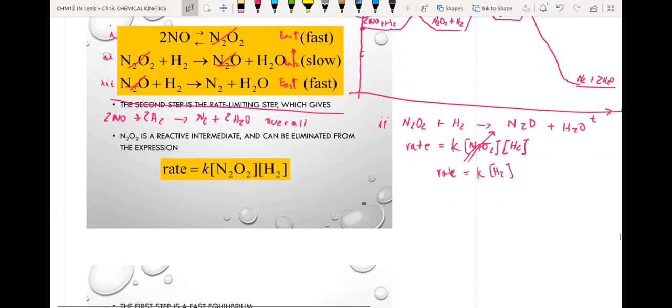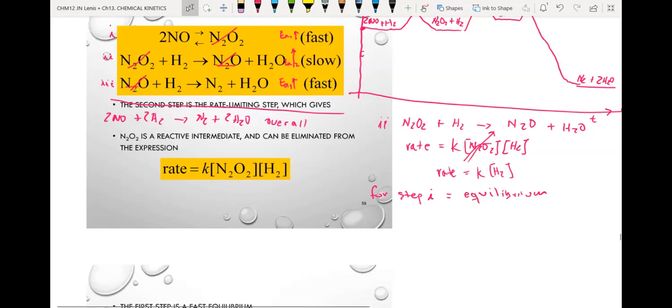What happened at the equilibrium? What is the meaning of equilibrium? The equilibrium in step 1, we have an equilibrium.